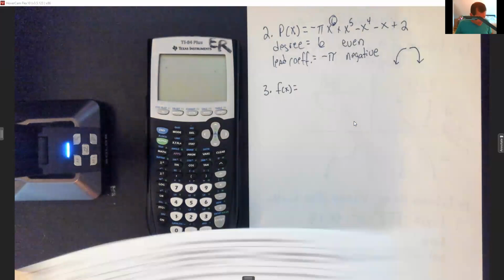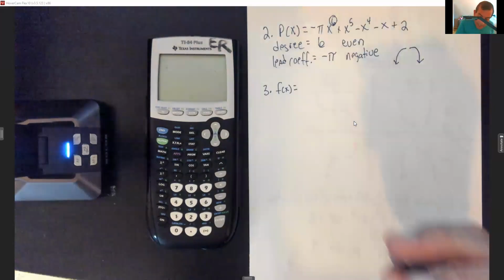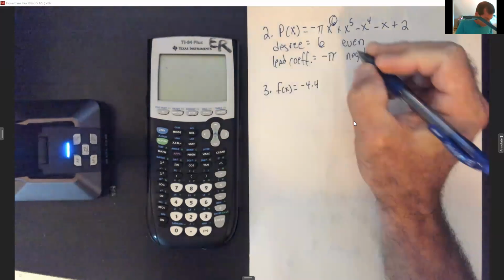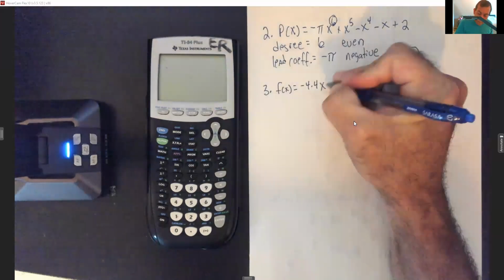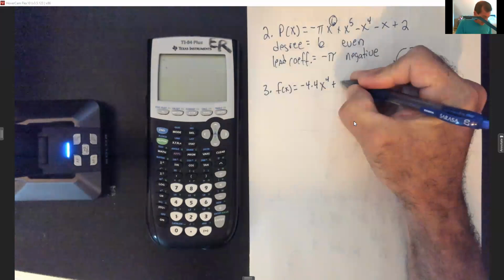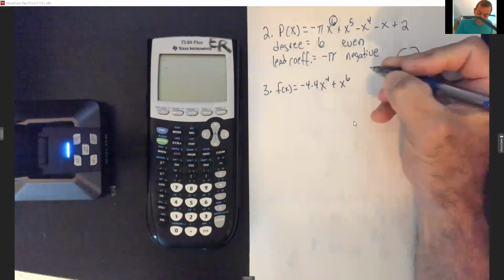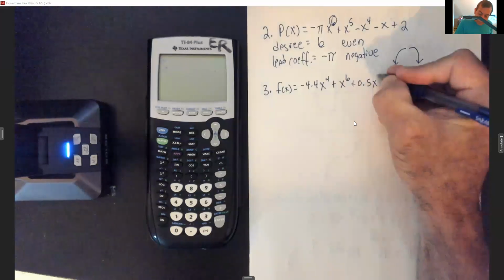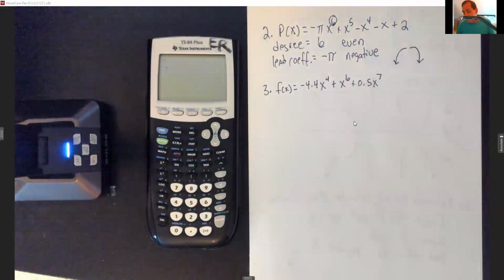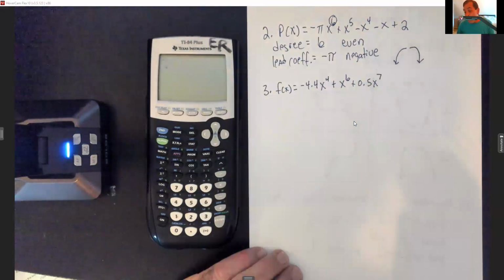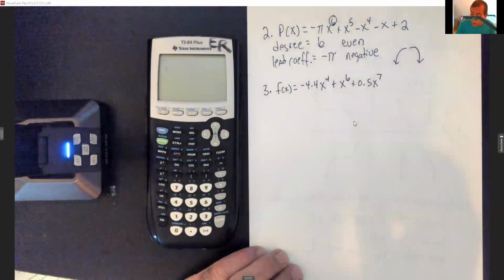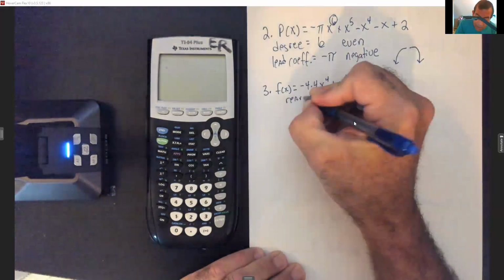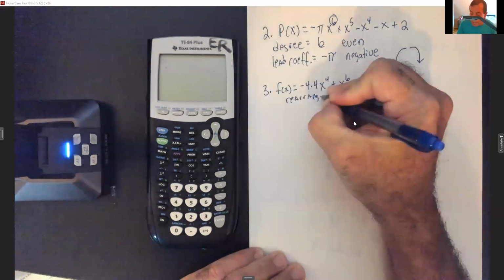All righty, so this one has f of x equals negative 4.4 x to the fourth plus x to the sixth plus 0.5 x to the seventh. So if you want to, on this problem, if it would help you, I would rearrange this and get them in descending order.